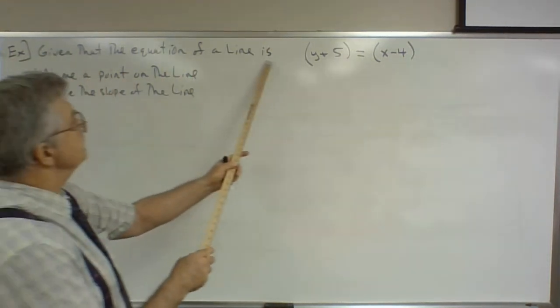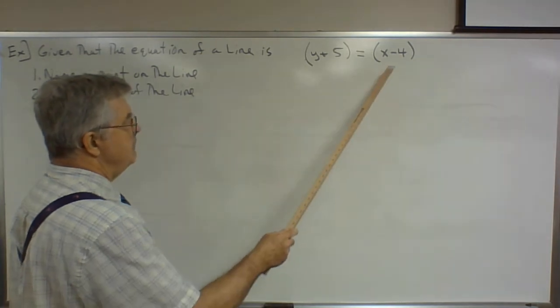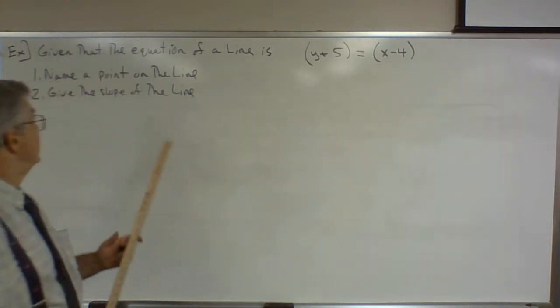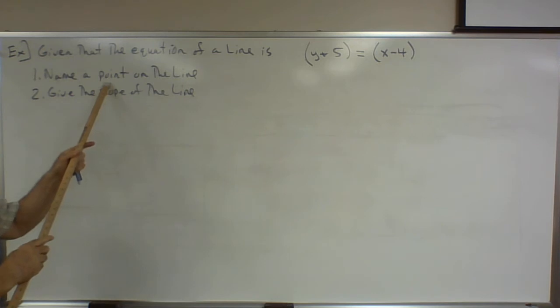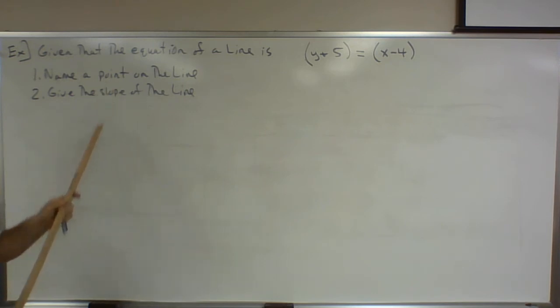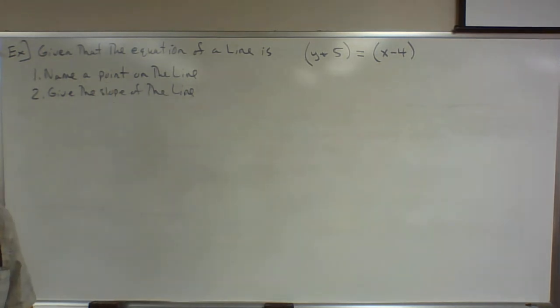Given that the equation of a line is y plus 5 equals x minus 4, name a point on the line and give the slope of the line.